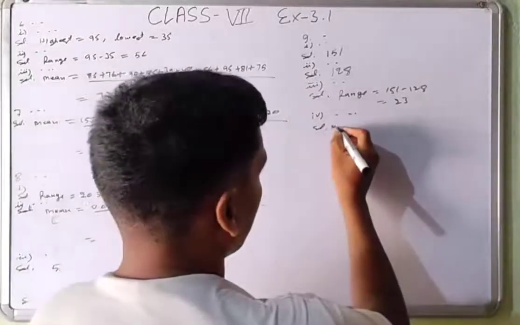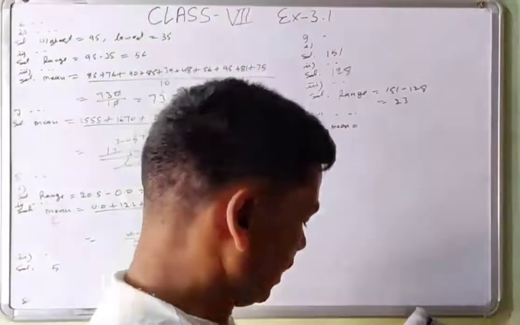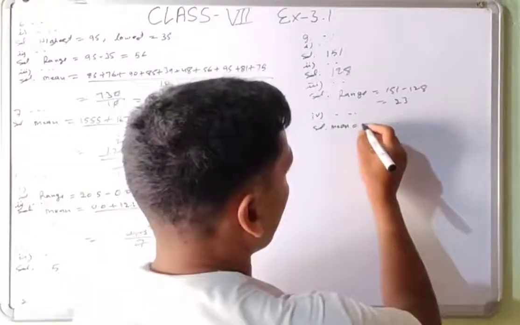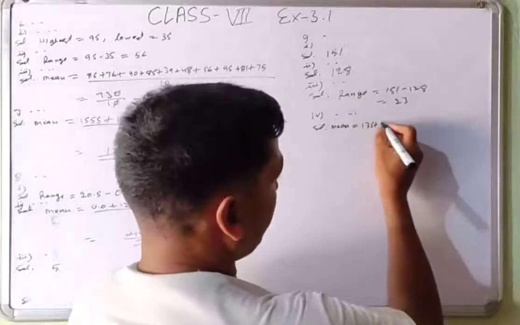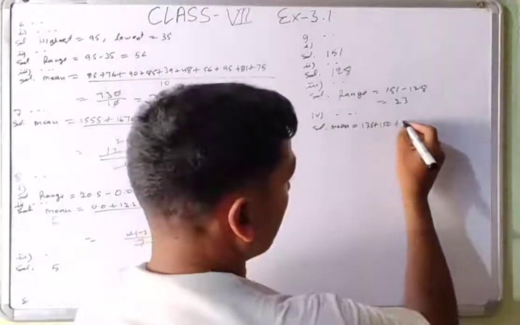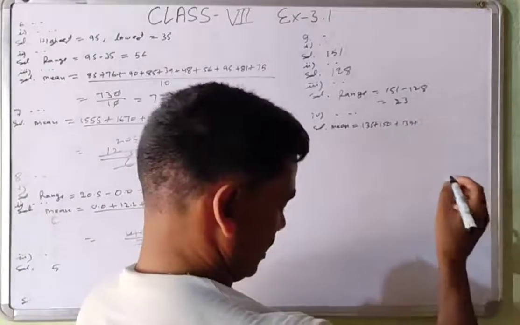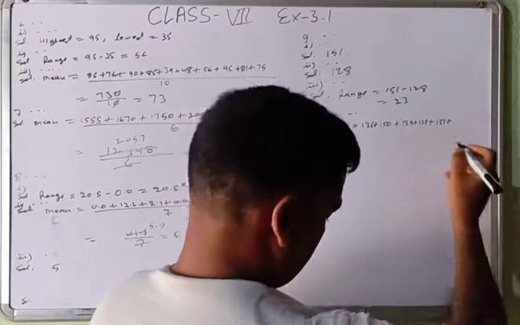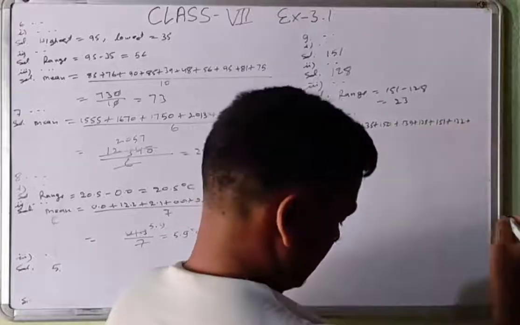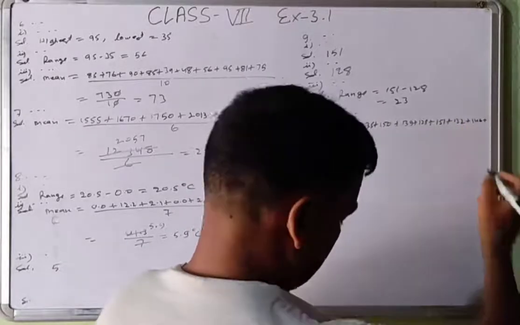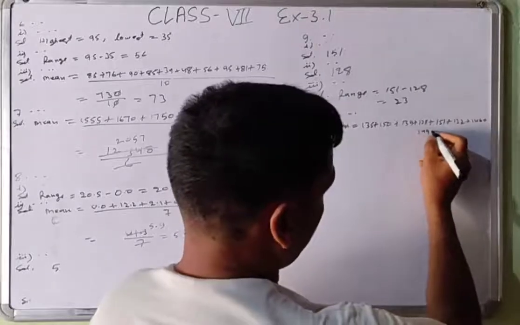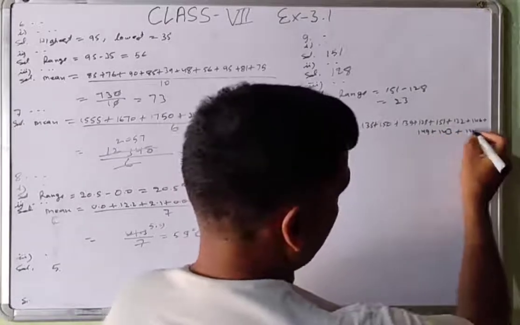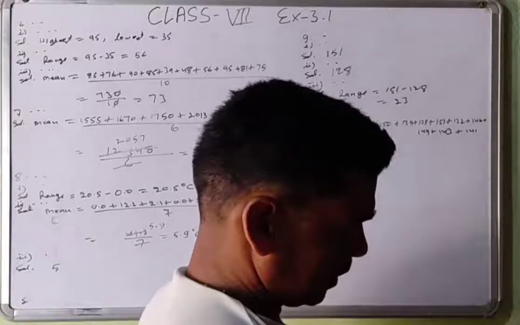So mean is equal to, space is less, so I will write in a smaller font, 135 plus 150 plus 139 plus 128 plus 151 plus 132 plus 146 plus 149 plus 143 plus 141, right?